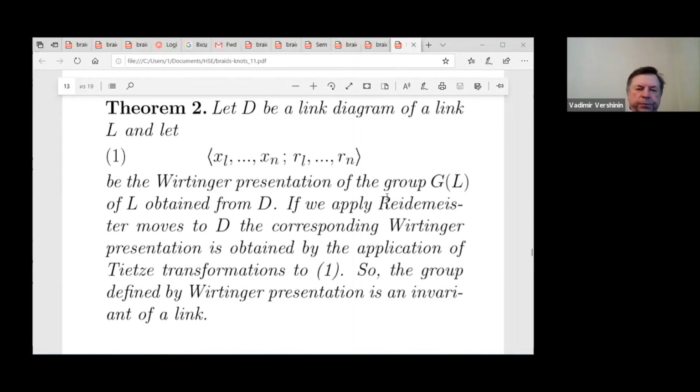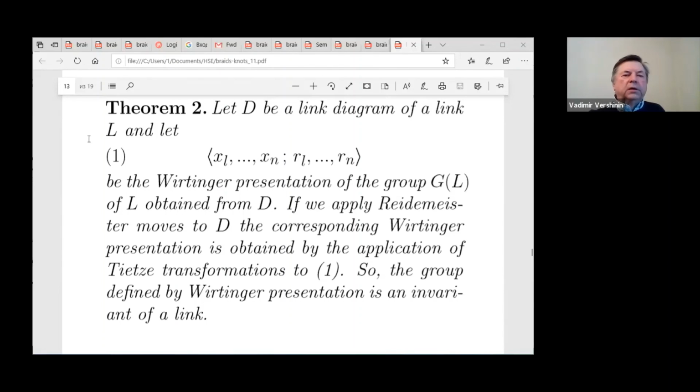So the group, as you remember, our Tietze transformations do not change the group. So the group will be the same. So the group defined by this presentation is an invariant of a link.